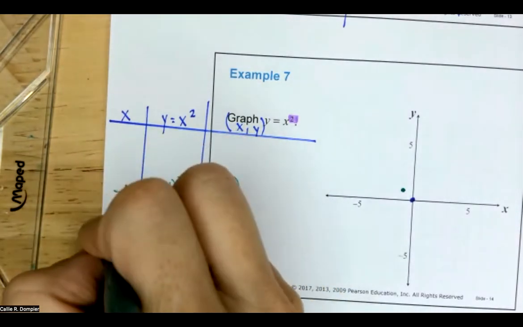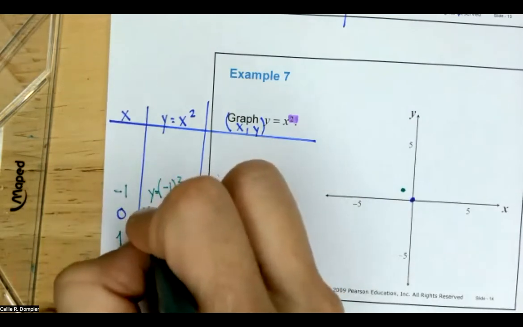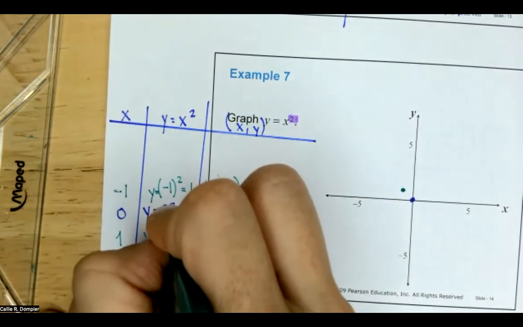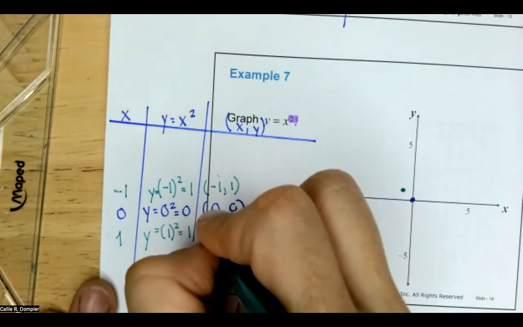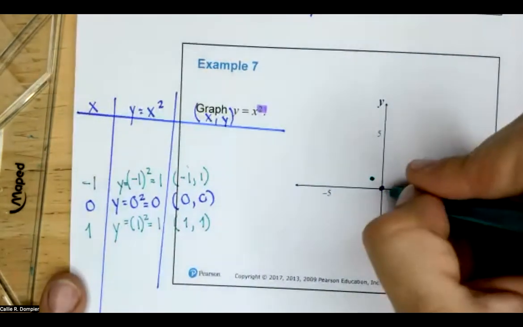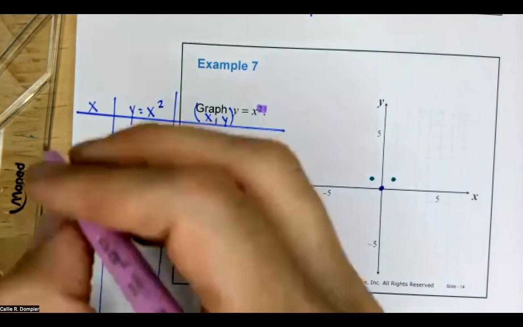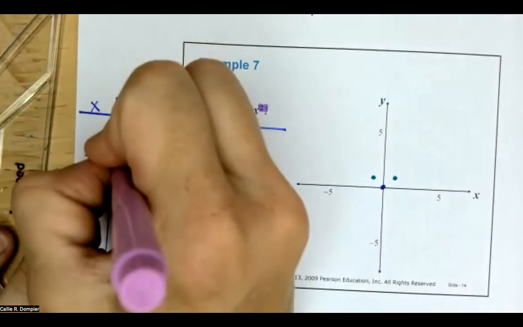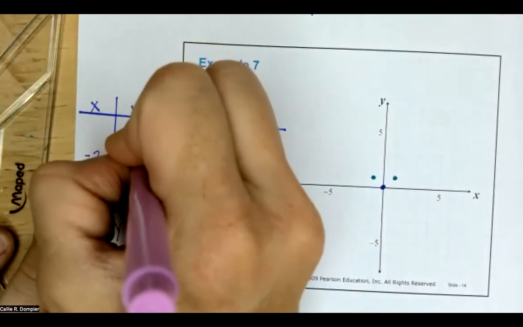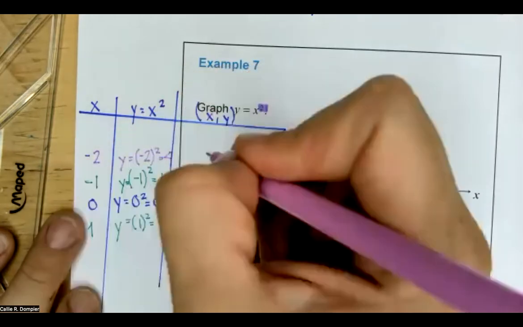What if x is +1? I like to go with the easiest numbers I can. So now y is 1 squared, which is 1. So that means my point is (1, 1). And you can keep going. You could say, what if x is -2? y equals (-2) squared, which is 4.